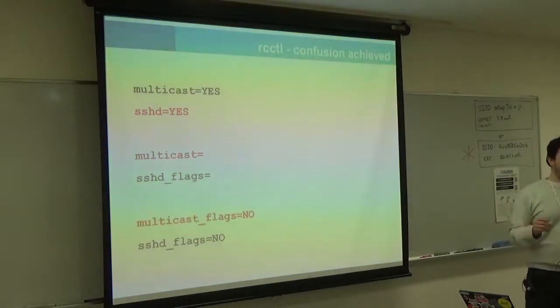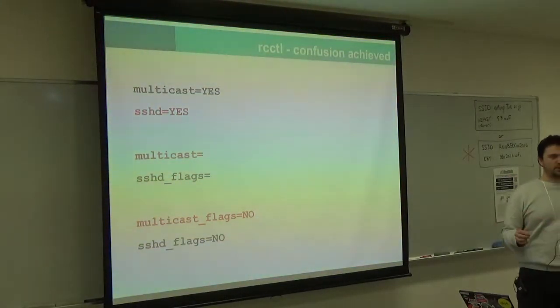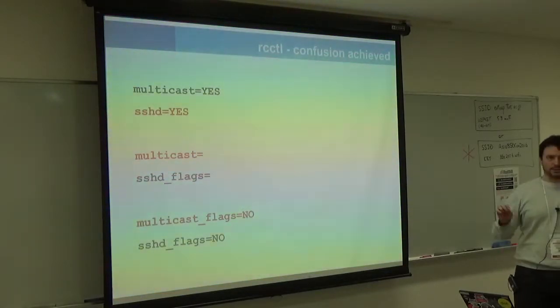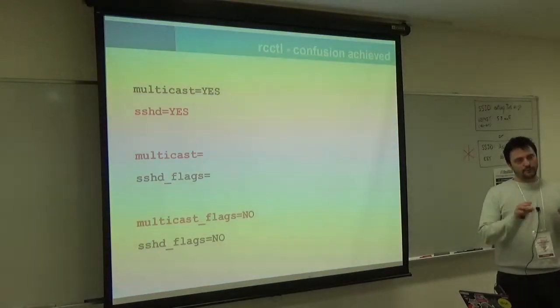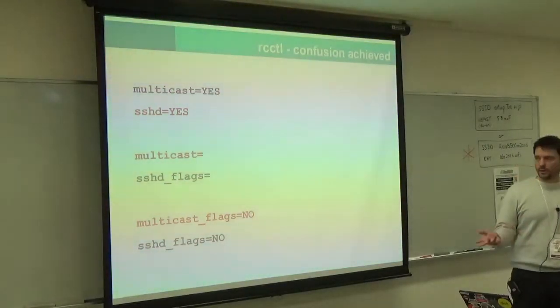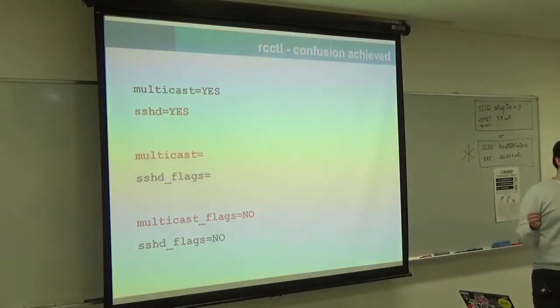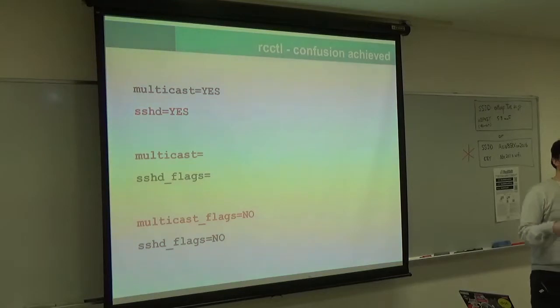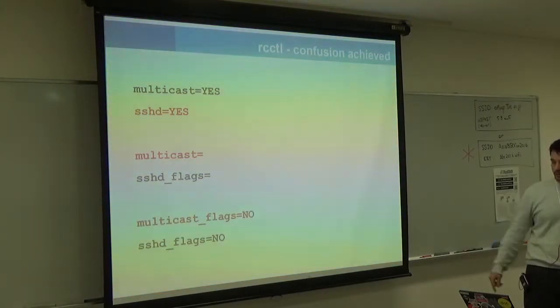Oh, perfect, so then for PF, it's pf_flags. Oh, no, not PF, PF is different. It's a facility, multicast as well. It doesn't work like that. You have to put yes or no. Well, that's okay. So rcctl for that abstracts completely this issue. You basically say rcctl enable pf, rcctl enable sshd, and it will do whatever it needs to do.